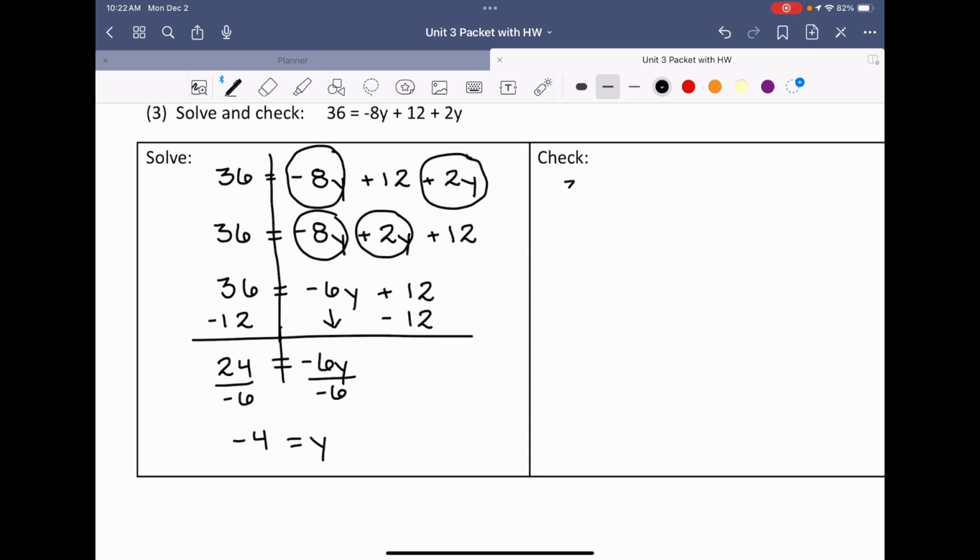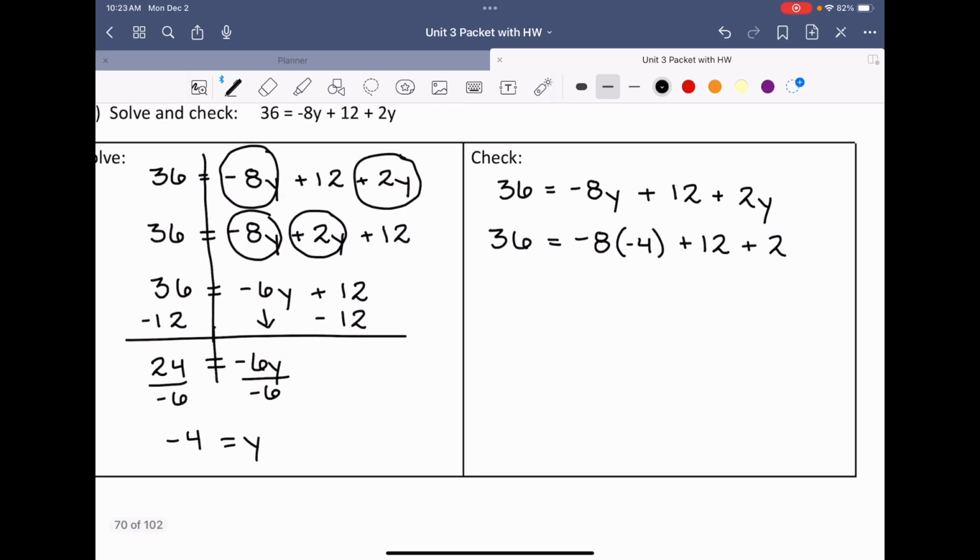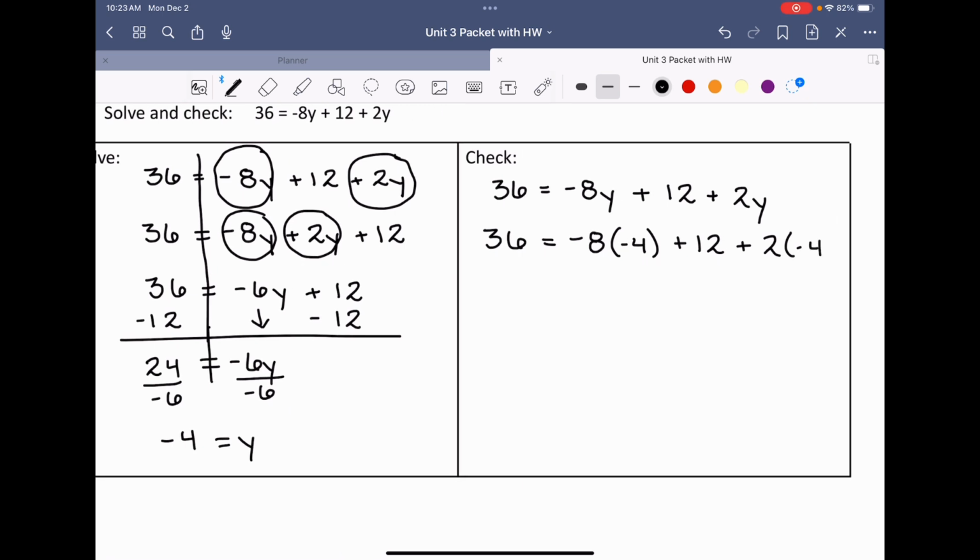And we're going to check, rewrite. Replace. And solve.